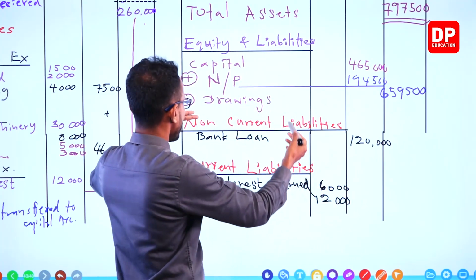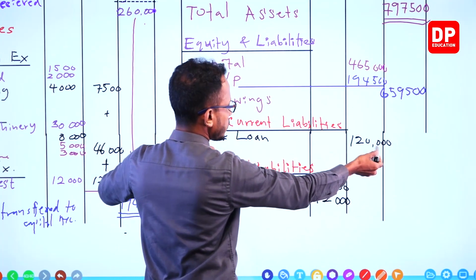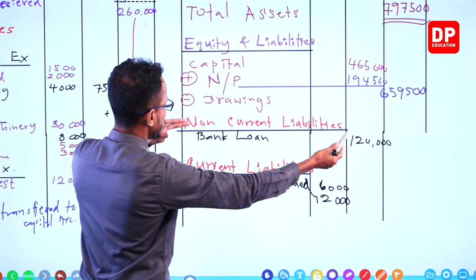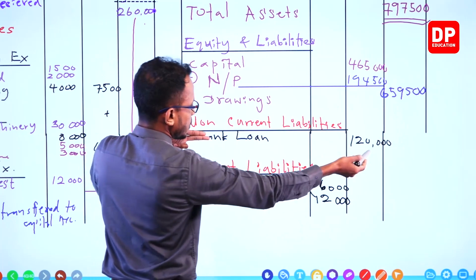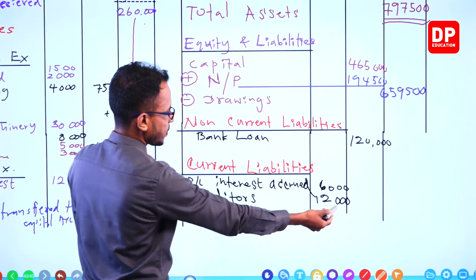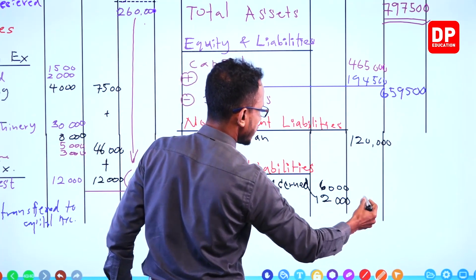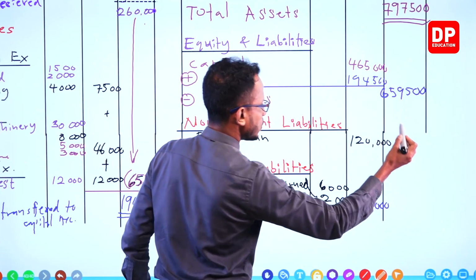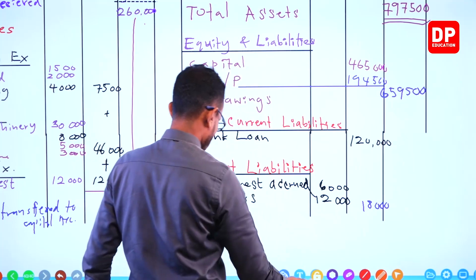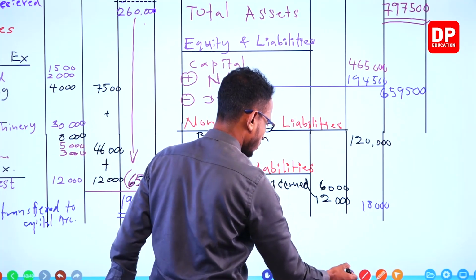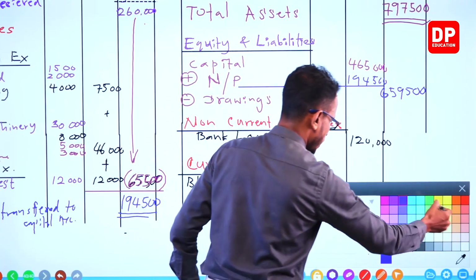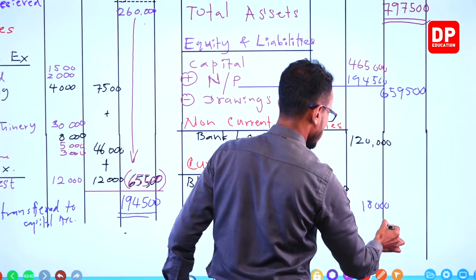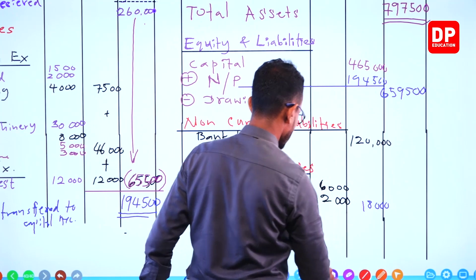Then liability section, bank loan 120. To the bank loan, non-current liabilities, you have to add the current liabilities. 12 plus 6, it's 18,000. Final line. Extend this line down here.